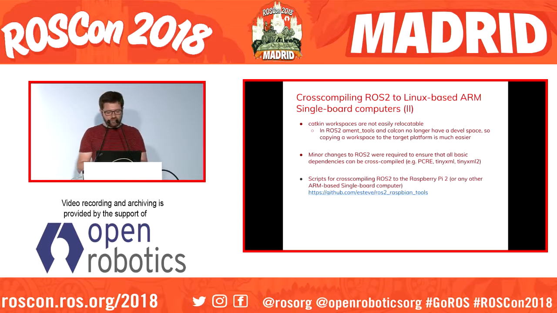Ament and Colcon workspaces can be easily relocated. There are no hard-coded paths when you build a workspace, unlike Catkin. And there's no devel space, which is so great. There were some minor things in ROS2 that I had to change, mostly minor fixes to ensure that the dependencies could be cross-compiled.